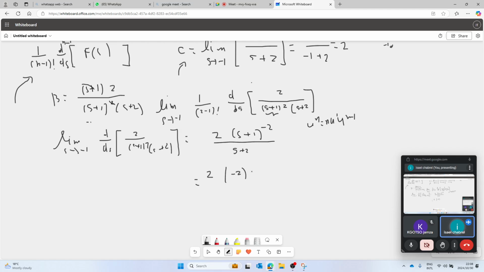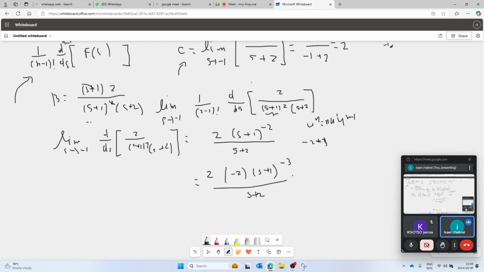And then you go u, which is s plus 1, to the n minus 1. N minus 1 will give minus 2 minus 1. So we have to be careful here. n minus 1 will give minus 2 minus 2 minus 1. This gives minus 3.